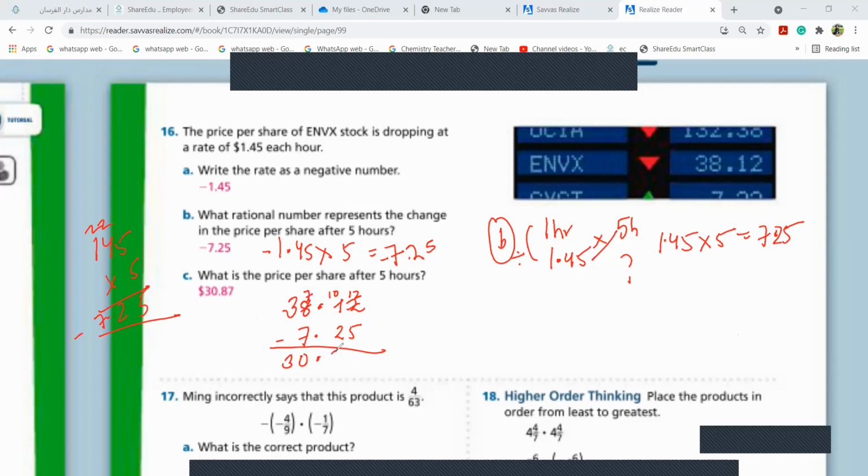Miss, you're doing C right now, right? Yes? You're doing C? Yes. This one is C. What is the price per share after 5 hours?